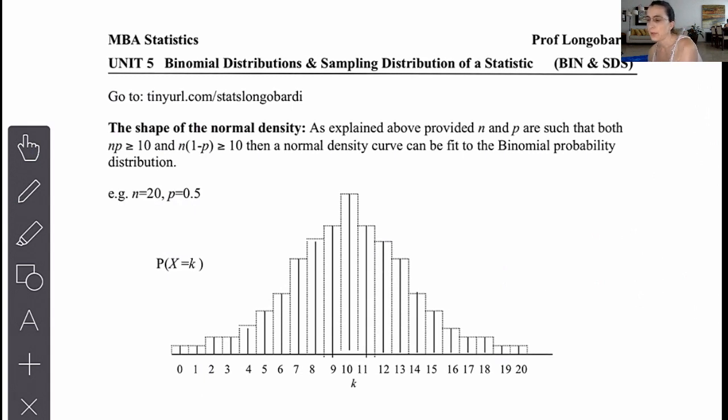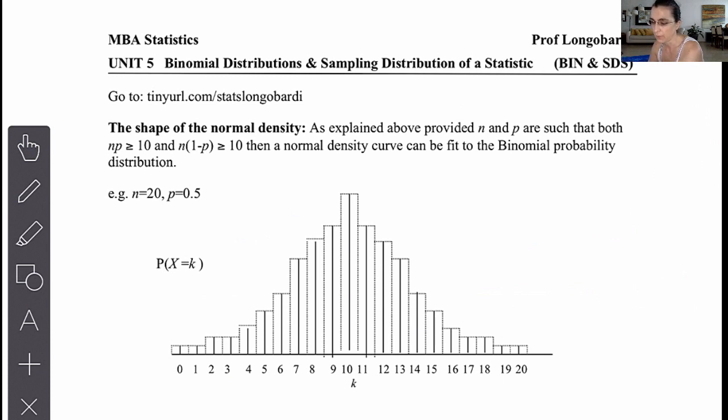So going back to where I left off, this is an example here. Here we have the threshold where this all begins, with p of 0.5 and n of 20. It's a launching point for where a distribution will be symmetric if p is not 0.5.